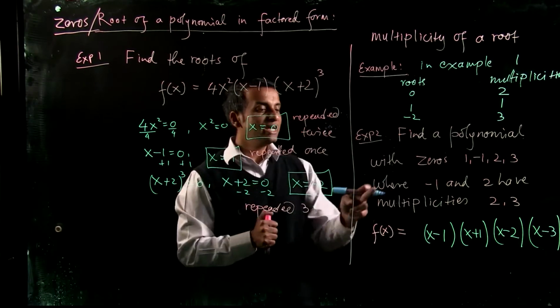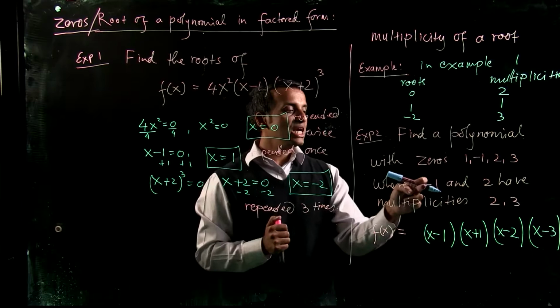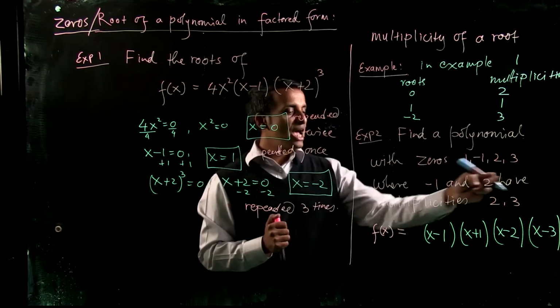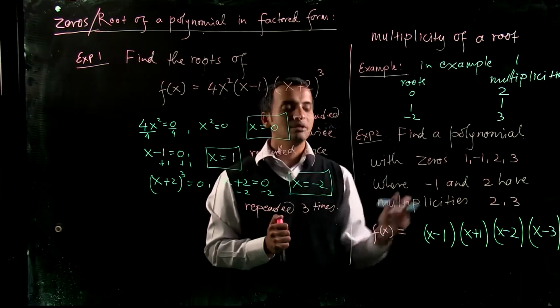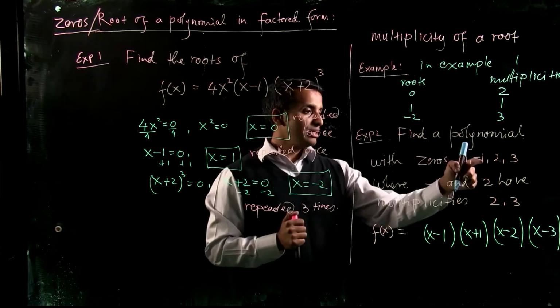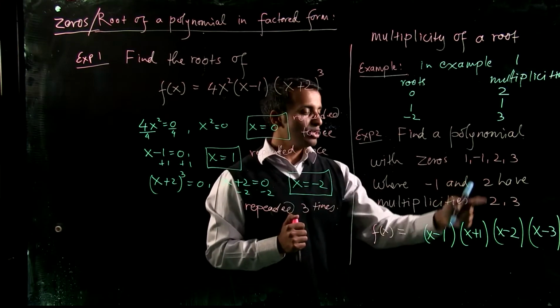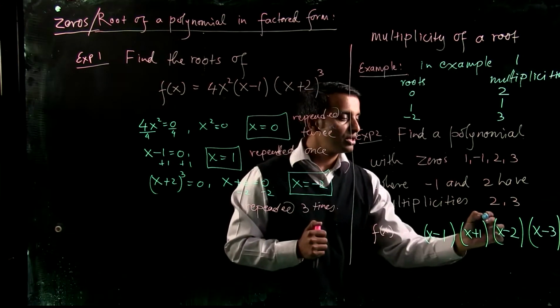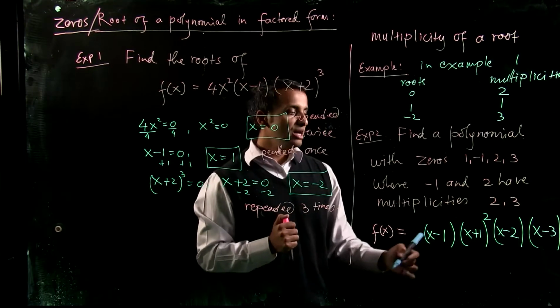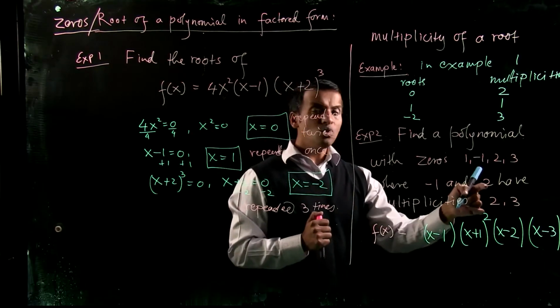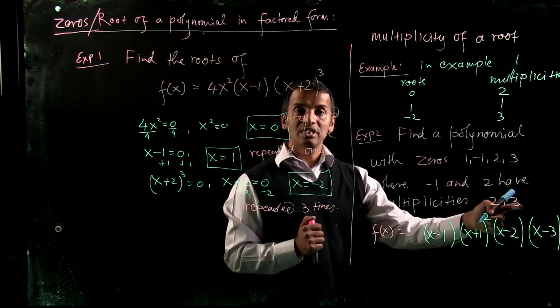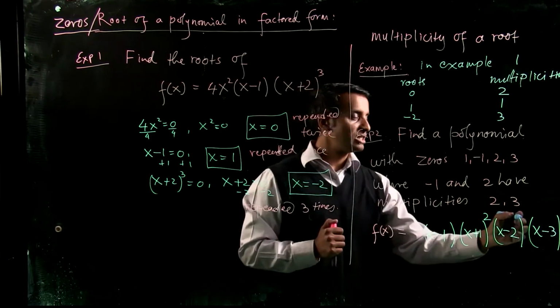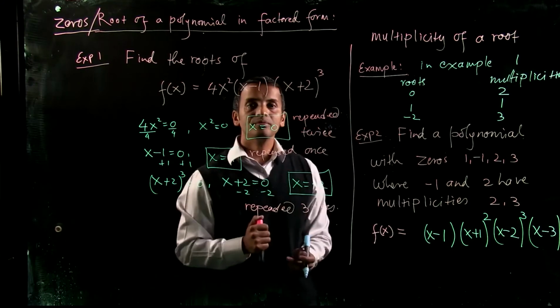But it says negative 1 and 2 have multiplicities 2 and 3. So negative 1 has multiplicity 2, meaning x plus 1 will have exponent 2. And 2 has multiplicity 3, so x minus 2 must have exponent 3.